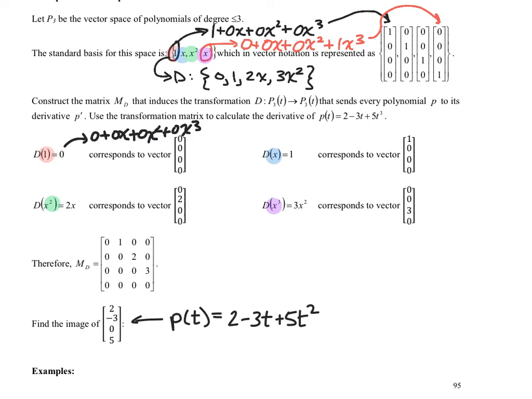Oh, we don't have a t squared is what I meant to say, because I wrote a t squared accidentally. So there's the assumed 0t cubed. So that's where our entries come from. And so all we have to do, because anytime we perform an operation, is use matrix multiplication.